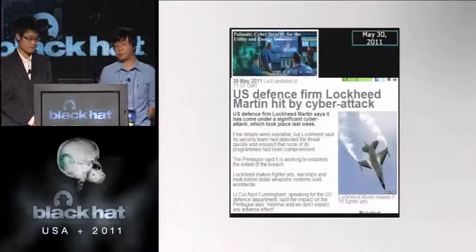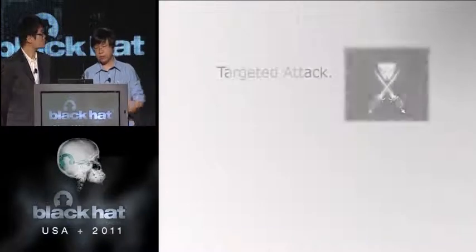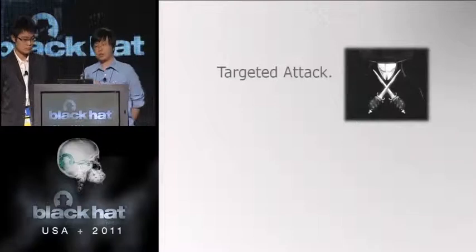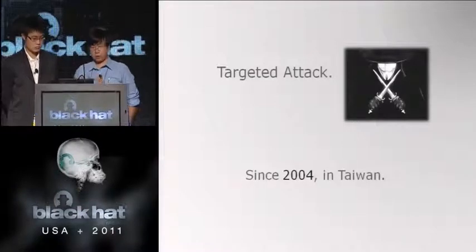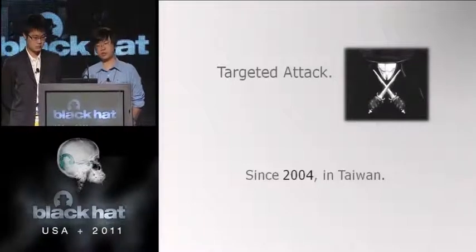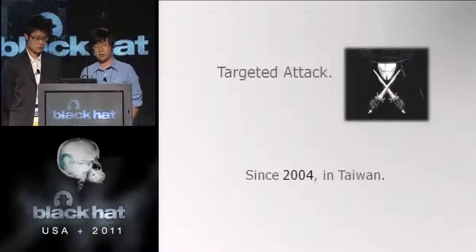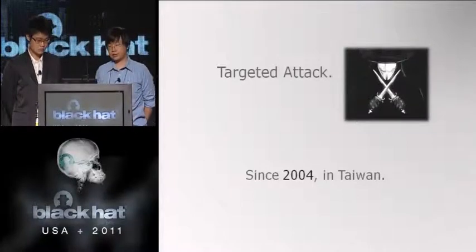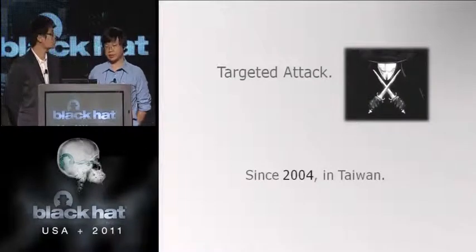Lockheed Martin was hacked as well. Actually, we are not surprised by breach news. We have known this kind of targeted attack since 2004 in Taiwan. The real attack is probably earlier, but at least I know this in 2004.